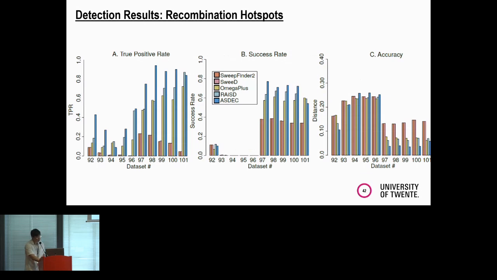So for the recombination hotspots comparison, we could also observe that S-stack has an overall better performance than others. However, for success rate, we could see that almost all methods were severely affected by the low intensity recombination hotspot, that is, by selective sweeps within the recombination regions in terms of success rate.